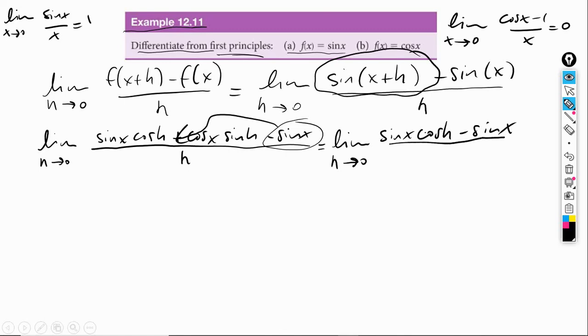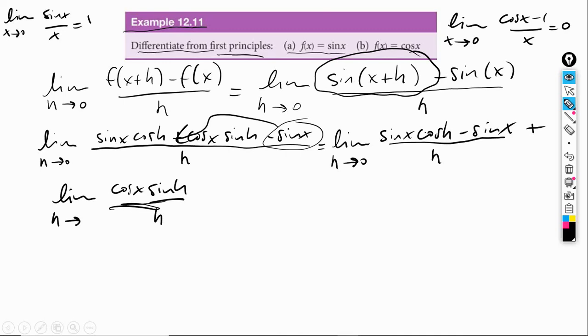So this would be over h plus the limit as h approaches 0 of what we're left with, right? So that would be cosine of x sine of h over h.